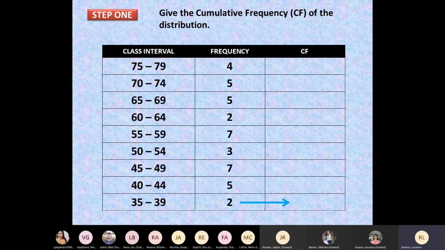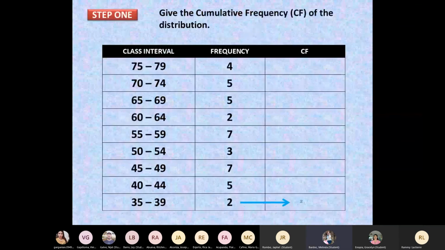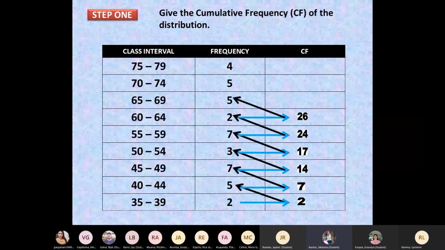So we start at 2. Then add 5, that is 7. Then 14, 17, 24, 26, 31, 36, 40.